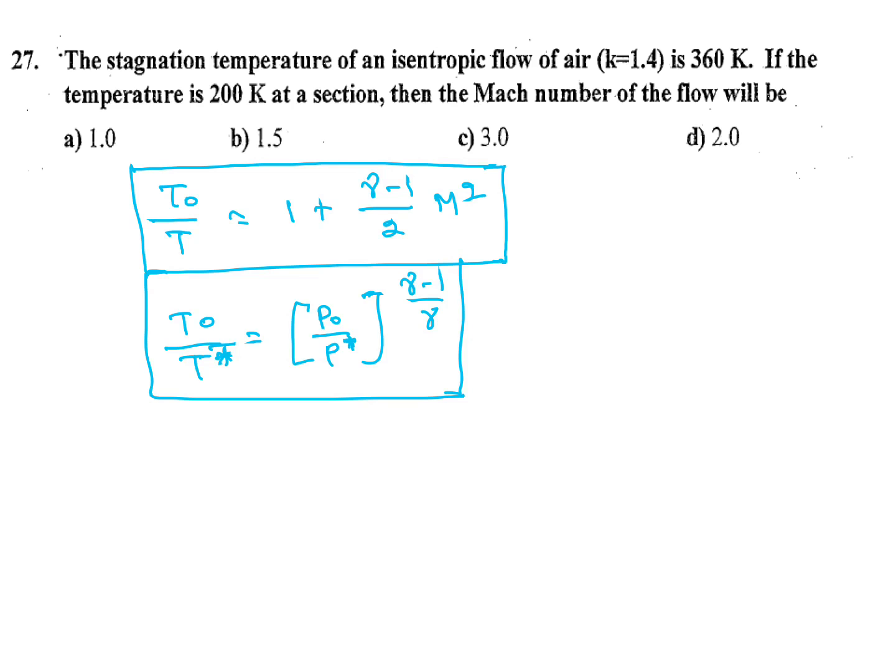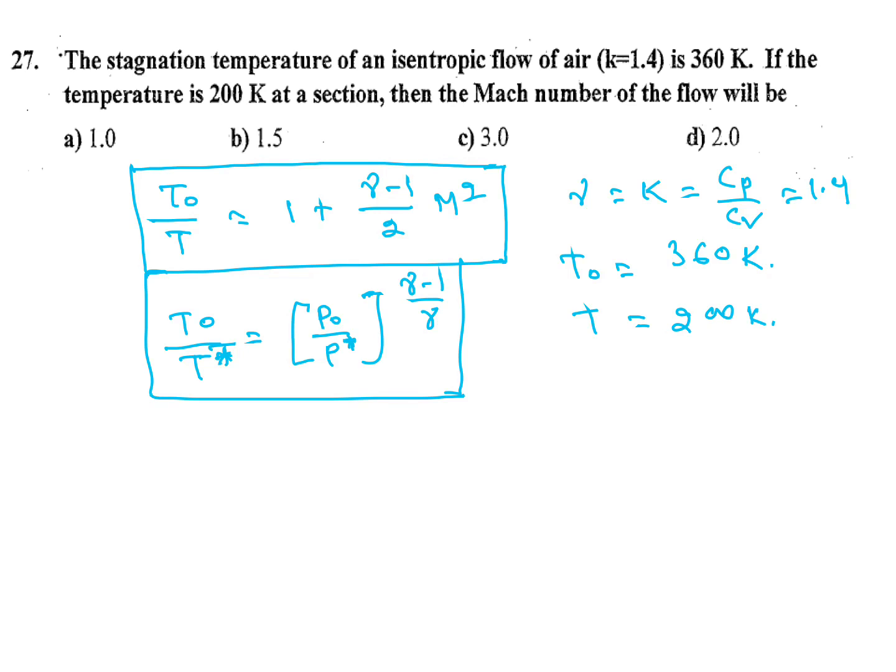Here gamma is equal to K, it's Cp by Cv, it's 1.4, and T0 equals 360 Kelvin, the stagnation temperature T0. Then T, the temperature at the section, is 200 Kelvin.